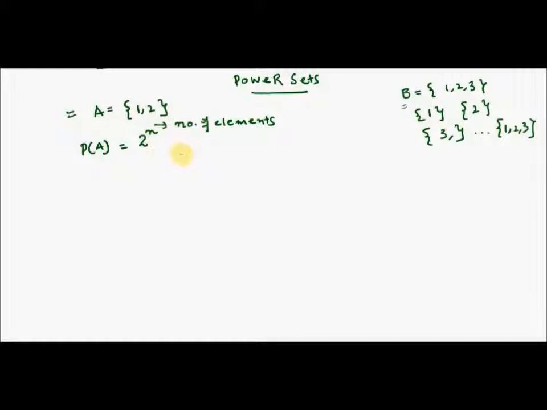Now the first subset that can be generated is the null set, because I told you that the null set is a subset of every set. And the second subset that can be generated from the set A will be {1}. The second will be {2}. And since every set is a subset of itself, there will be 4 subsets, right?